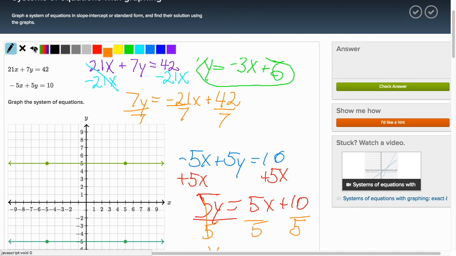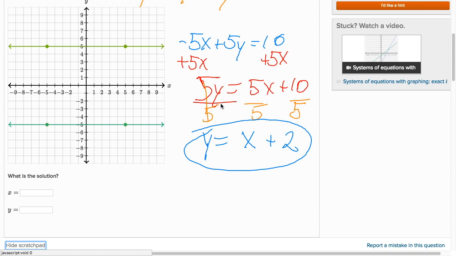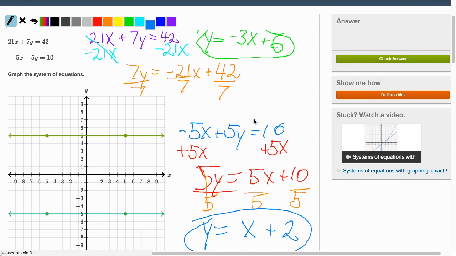Let's pick our color of choice to match up with this other colored line. So y equals 5 divided by 5, which is just going to be 1, or just x, and then plus 10 over 5, which would just be 2. So that would be the other equation. Let's go ahead and graph them.